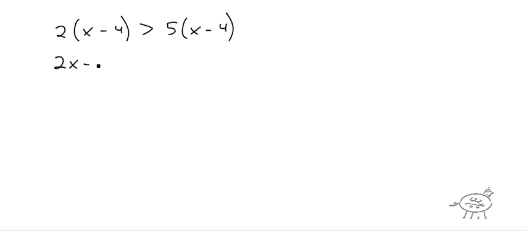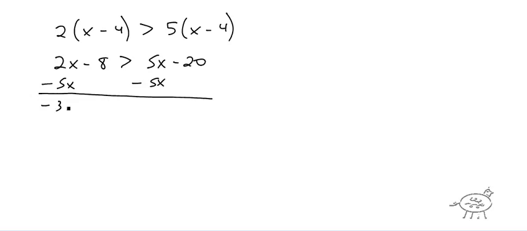Alright, let's try one with some parentheses in here. 2 parentheses x minus 4 is greater than 5 parentheses x minus 4. So we distribute. That's always what we did before. So 2x minus 8 is greater than 5x minus 20. We subtract 5x from both sides.